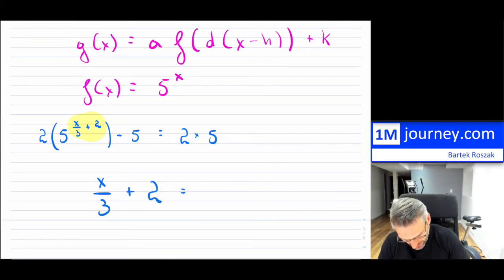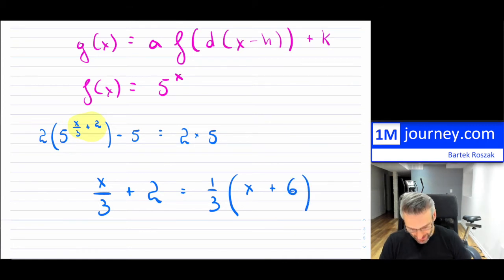So notice if I take out the 3, that's going to leave me an x, and it's going to change. So notice your 2 is not going to be a 2, it's going to be a 6, like so.